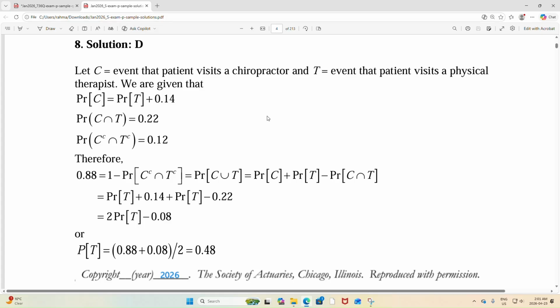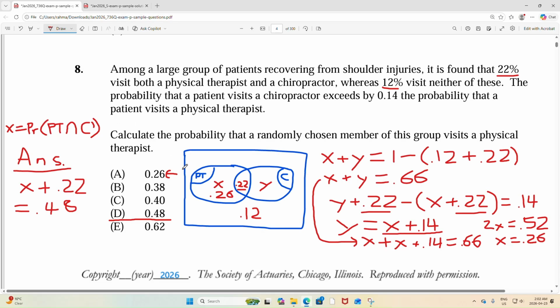If we take a look at what they give in the solutions, they're going with, as I said, a different approach that doesn't involve Venn diagrams. But if you look at this equation here, you don't have to memorize that. For this solution here, you need to know it, but there's no need to memorize it if you just go with a Venn diagram and this setup here.